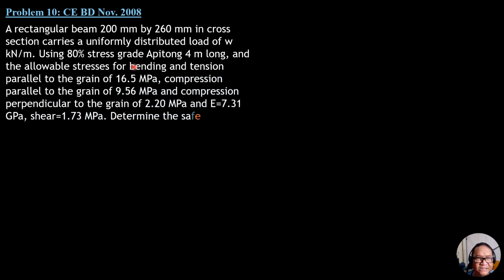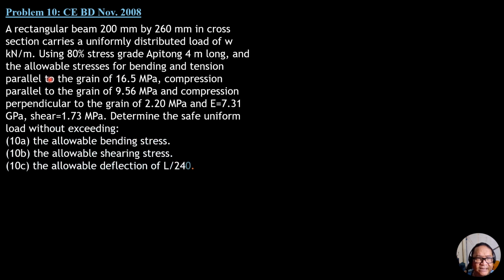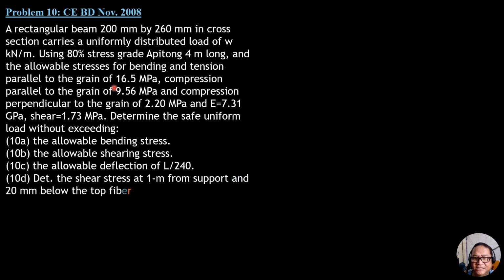Using 80% stress grade apitong, 4 meters long, the allowable stresses are: bending and tension parallel to the grain of 16.5 megapascals, compression parallel to the grain of 9.56 megapascals, compression perpendicular to the grain of 2.20 megapascals, modulus of elasticity of 7.31 gigapascals, and shear of 1.73 megapascals. Determine the safe uniform load without exceeding the allowable bending stress, the allowable shearing stress, the allowable deflection of L over 240, and D.